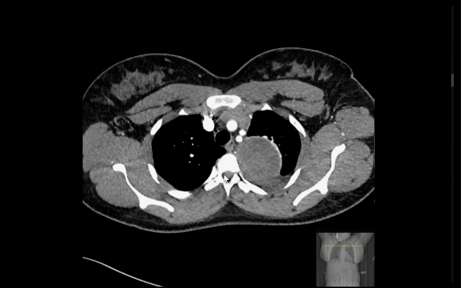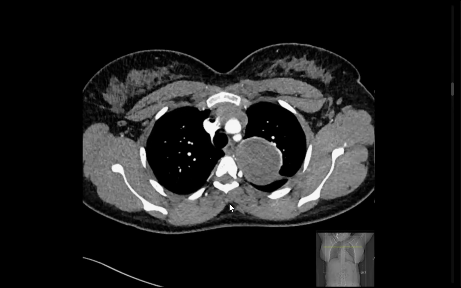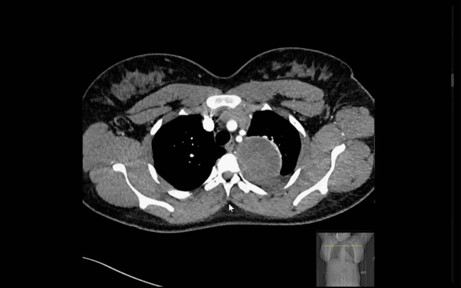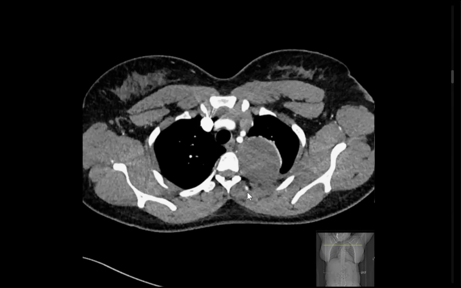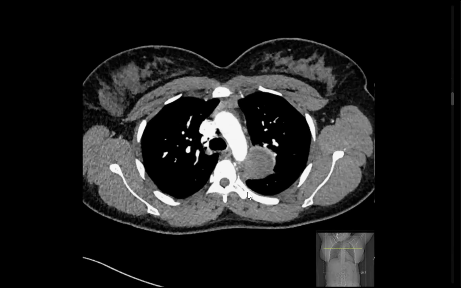The mass is likely non-aggressive, showing no aggressive features. So it confirms the top diagnosis, which is a neurogenic tumor. It also shows at this level no intraforaminal extension, and I will confirm this with MRI. I will convey my findings to the referring physician.